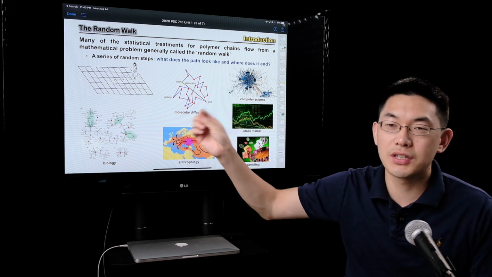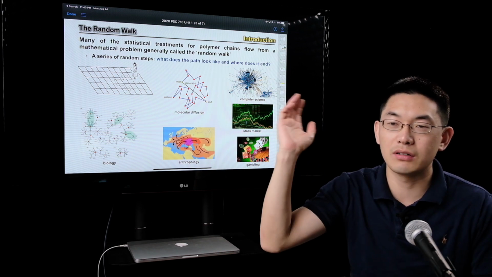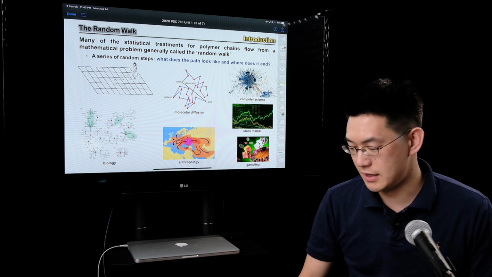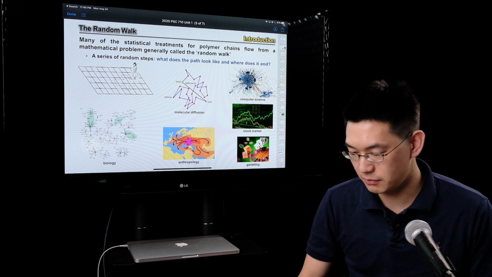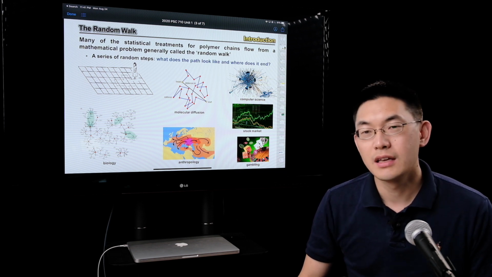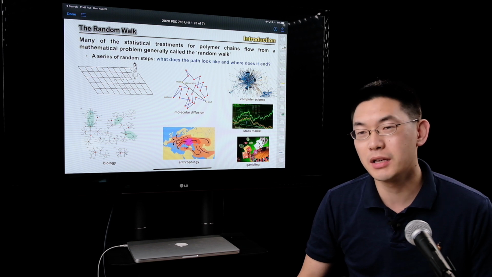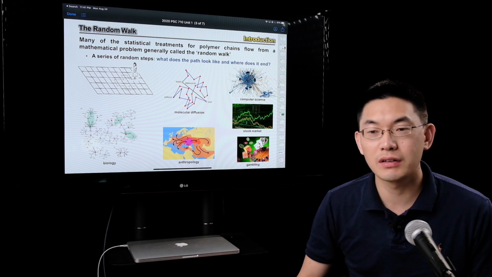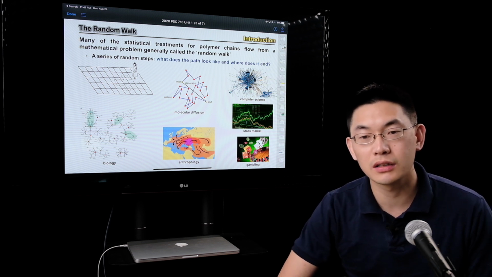If you have a chance to go straight, back, left or right, and this is totally random, then you have a phenomenon called a random walk. Random walk is phenomenally important because many polymer physics properties can be linked to this very simple model.